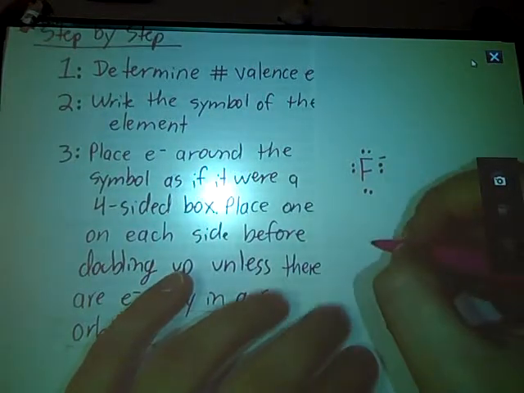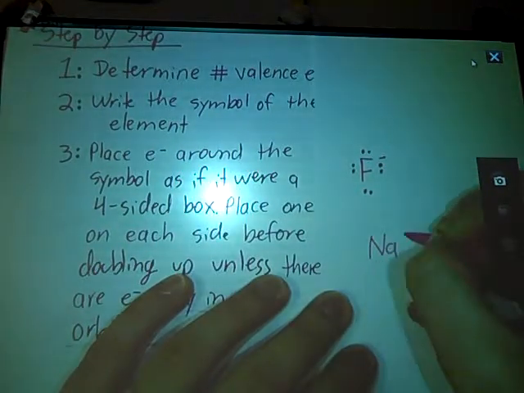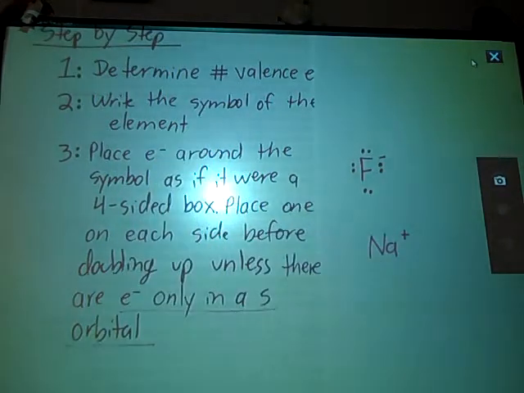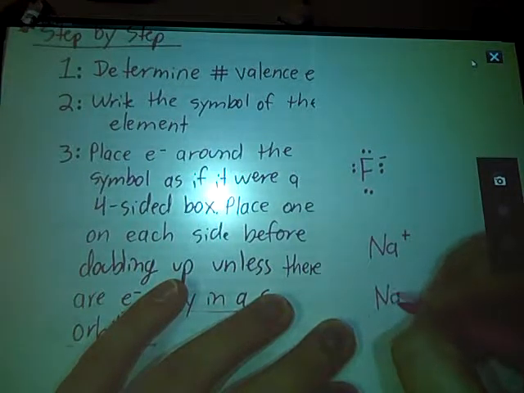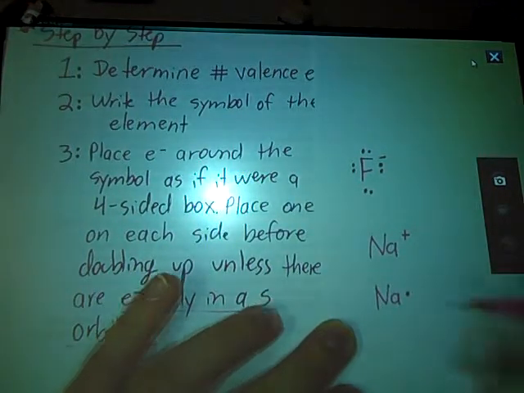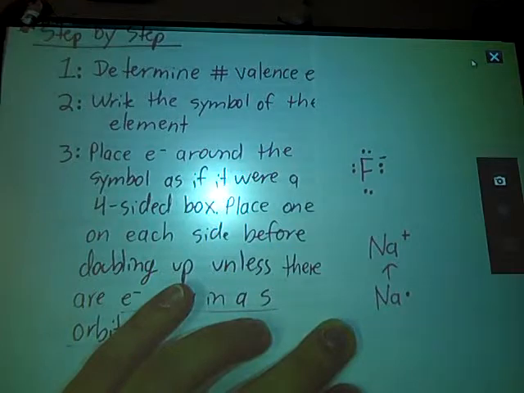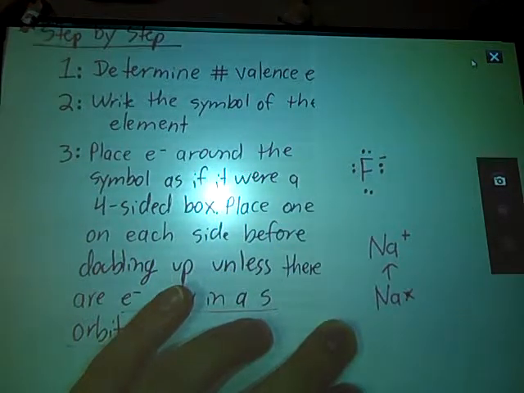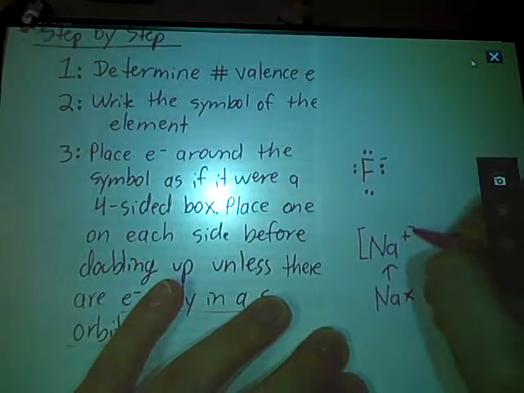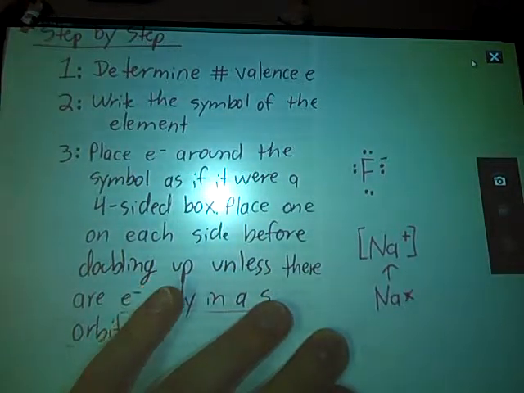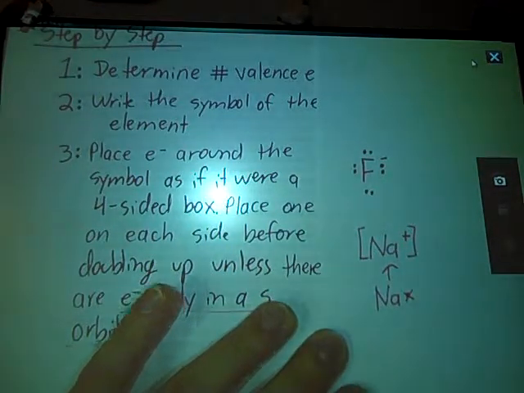If we were to do a positive, here's where things get a little tricky. If we were talking about sodium ion, for example, sodium plus 1, sodium. Regular old sodium has 1 valence electron. When I go to the ion form, I have lost this 1 electron. So this is the form that you will usually see for sodium. We use those brackets whenever we have a charge.